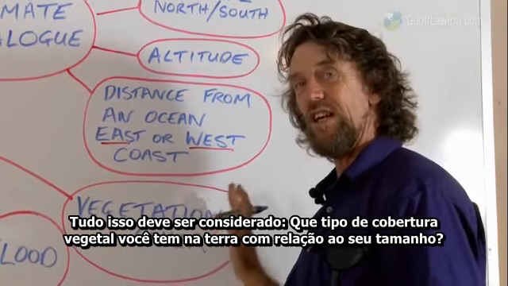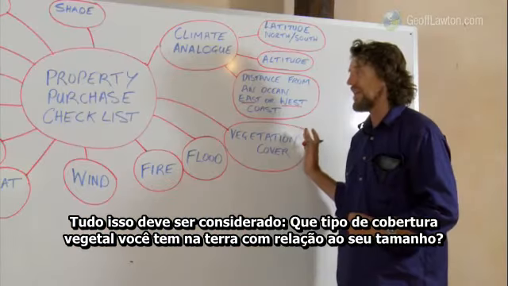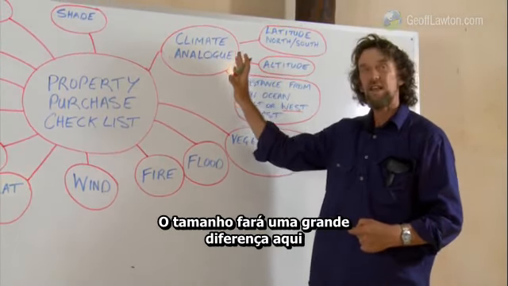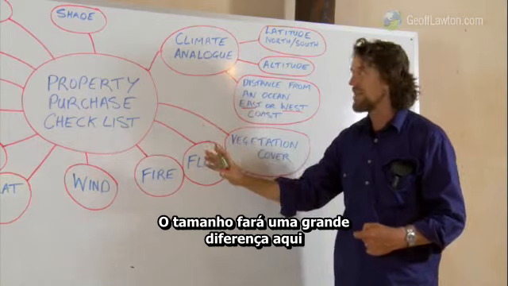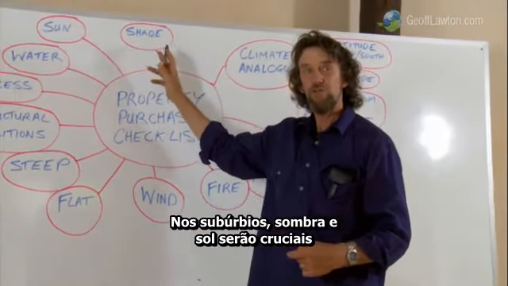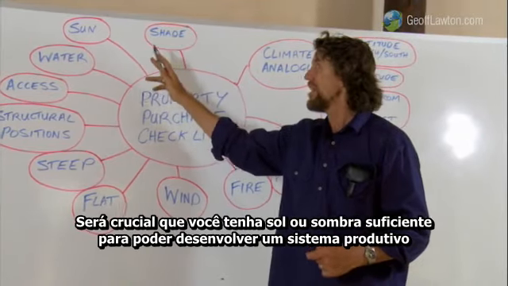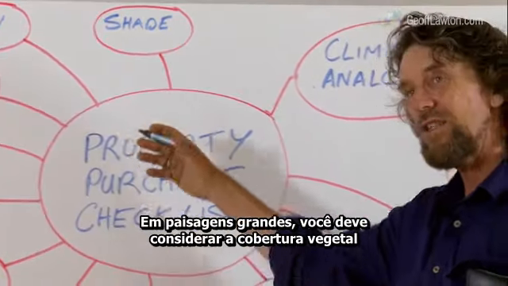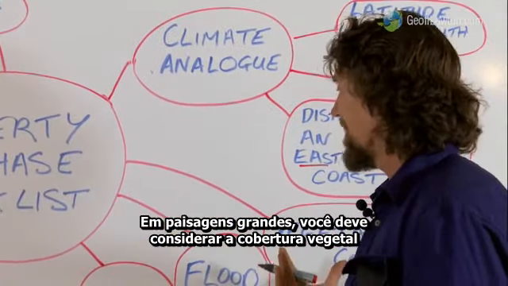What sort of vegetation cover do you have on the land in relation to the size? Size is going to make a big difference here. In the suburbs, shade and sun are going to be crucial, so that you have enough sun or enough shade to go into a productive system. Larger landscapes, you've got to consider the vegetation cover.